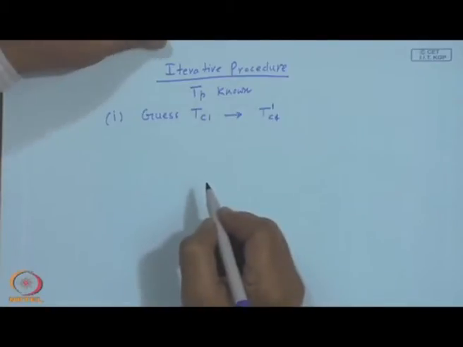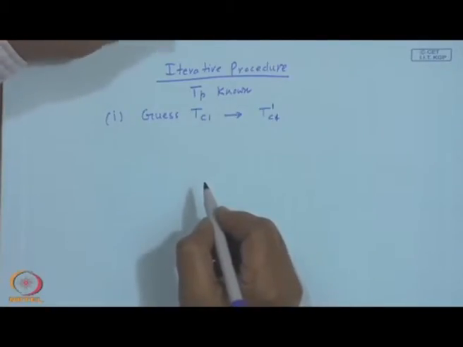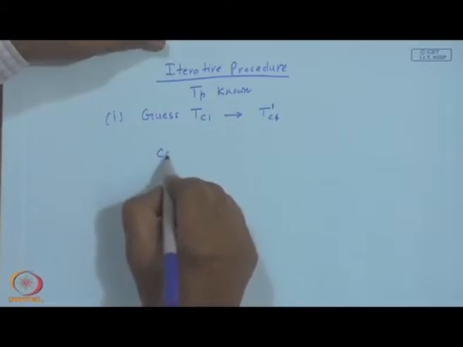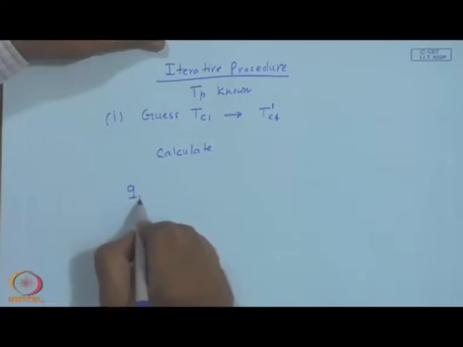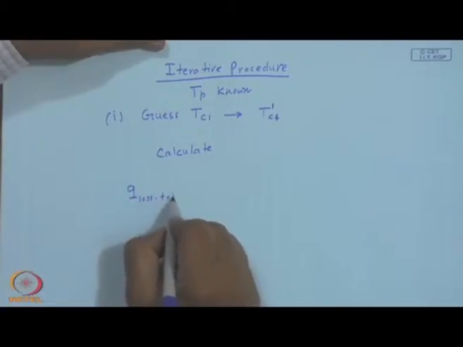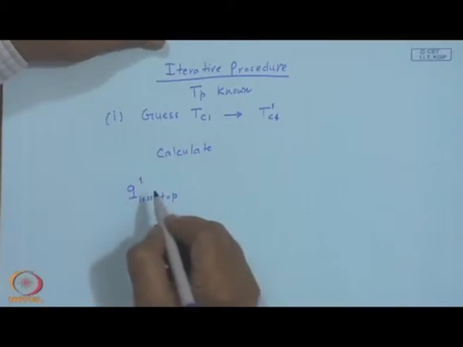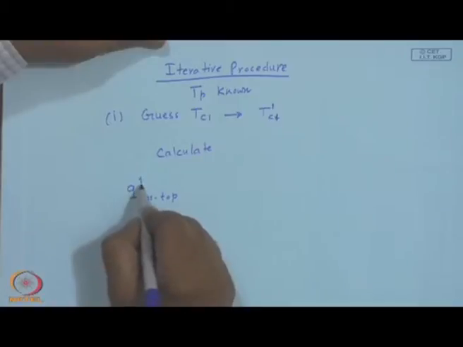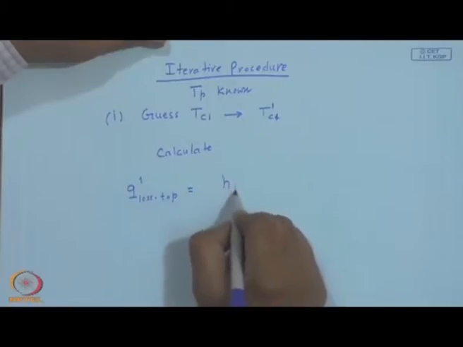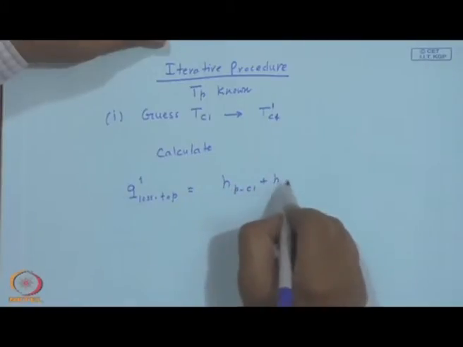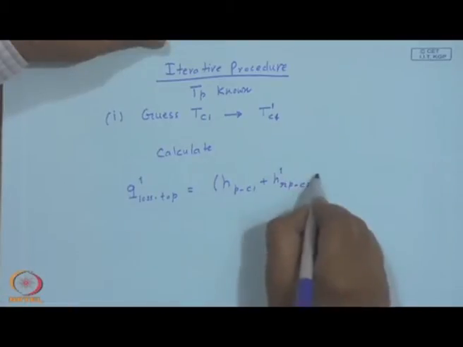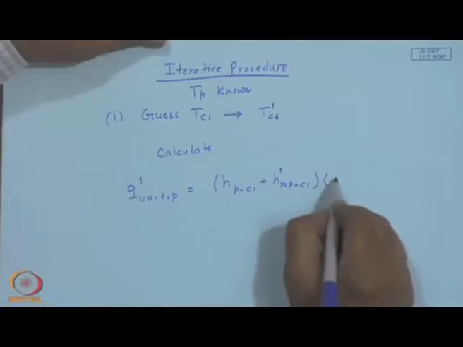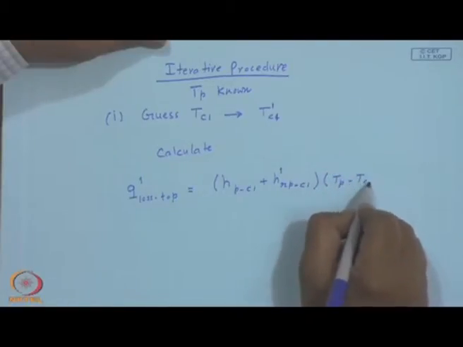So, I guess T c 1 and the first guess is designated as T c 1 1. So, calculate Q loss top, and since I am using the guessed 1, I will qualify it with a superscript of 1, which will be H p C 1 plus H r p C 1 1, because it is obtained with T c 1 1 times T p minus T c 1 1.